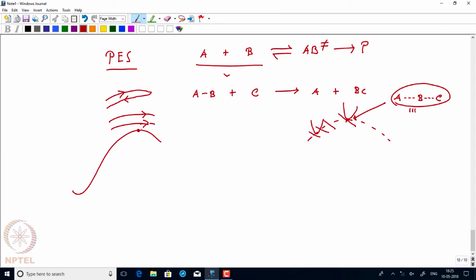So if you calculate the number of trajectories at the saddle point, you may not get the correct answer, because you might have a recrossing near the saddle point. So there you take the position of the transition state to be the position where the number of recrossings is minimum. This is called variational transition state theory. I am not going into the details of that.